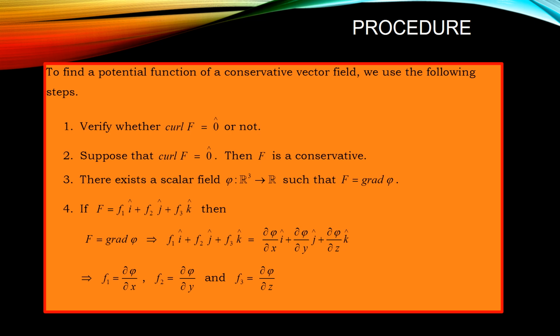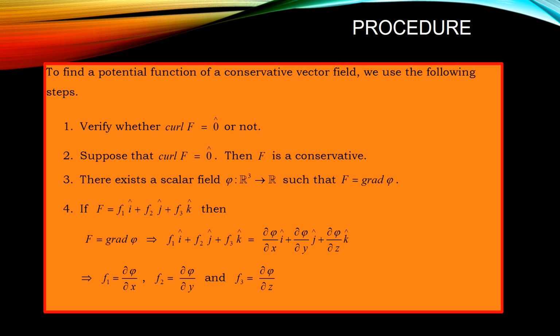Since F is conservative in this process, let us write down the definition. There exists a scalar field phi from R3 to R in such a way that grad phi equals the given vector field F. First, let us represent F by using its component functions.